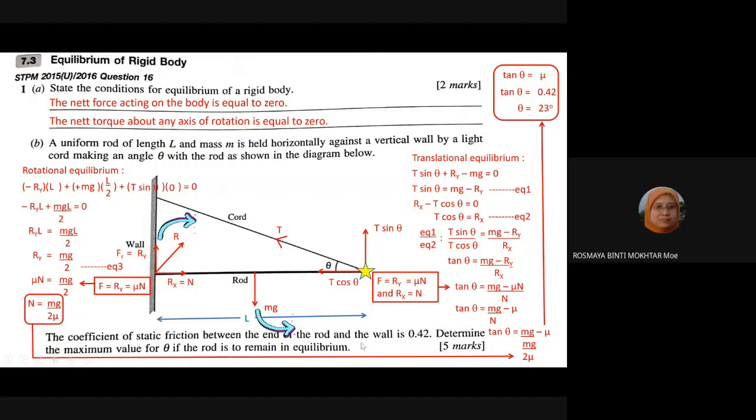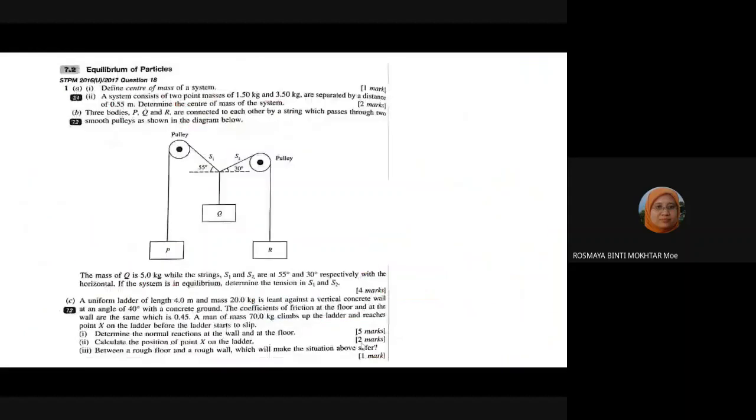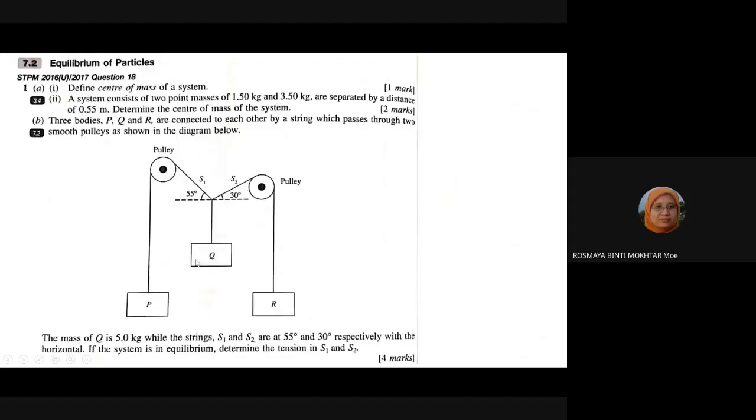Okay, so we go to the next question. Essay question, STPM 2016-17, question 18. So we do number 1a: define center of mass of a system. 1 mark only.